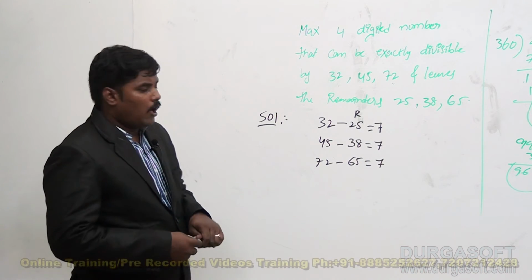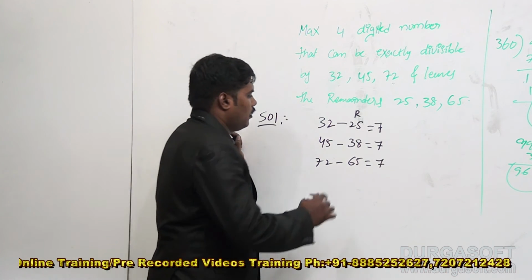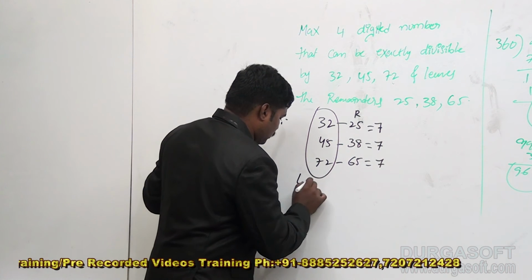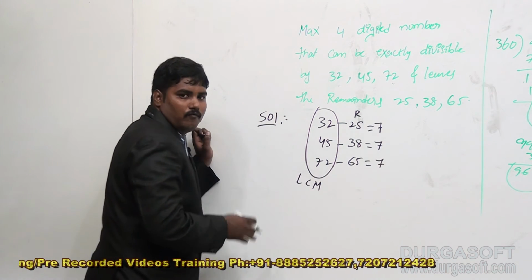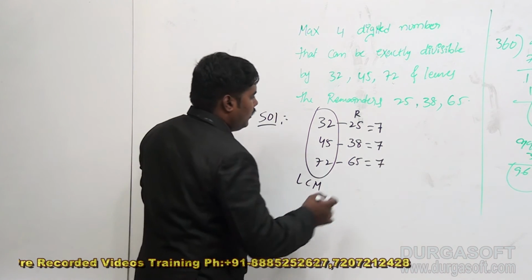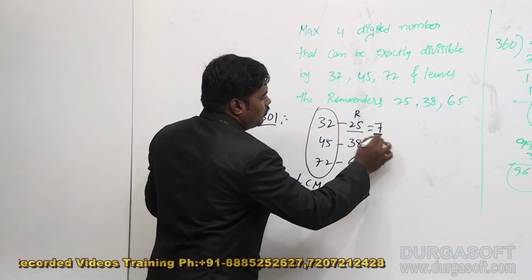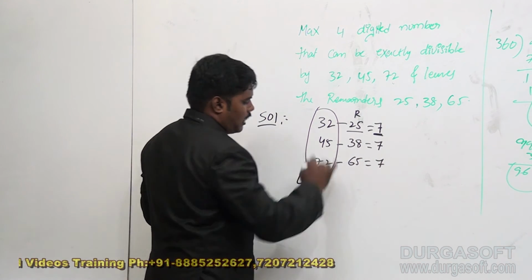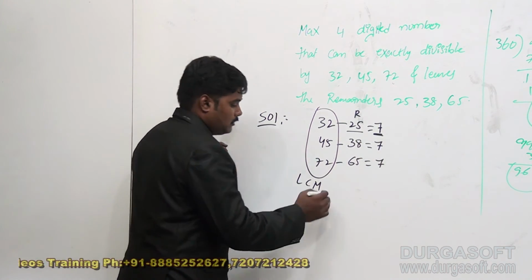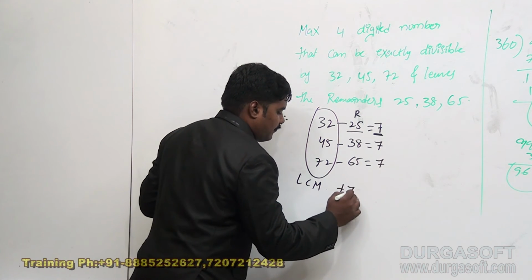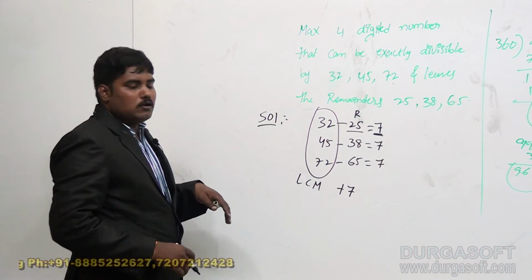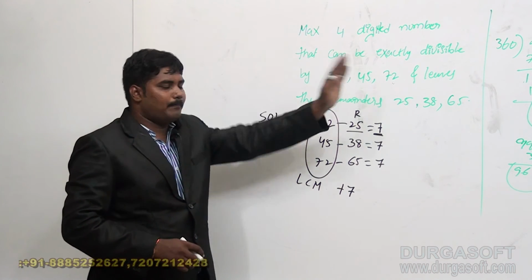So find the LCM of these first of all, and here you have the difference of 7. So when you add 7 to the LCM, that is LCM plus 7, the remainder is 0. Then go through the same procedure.